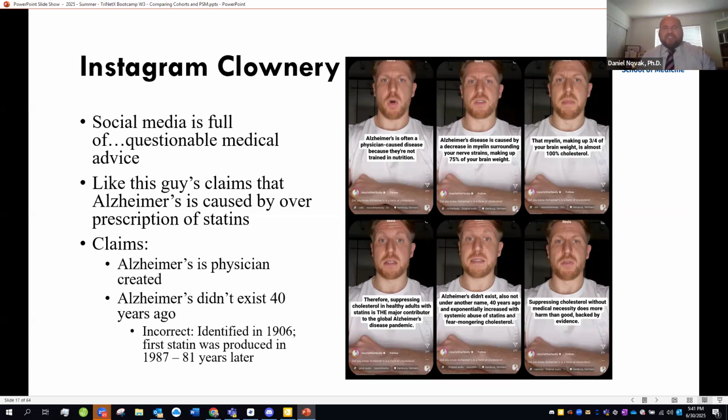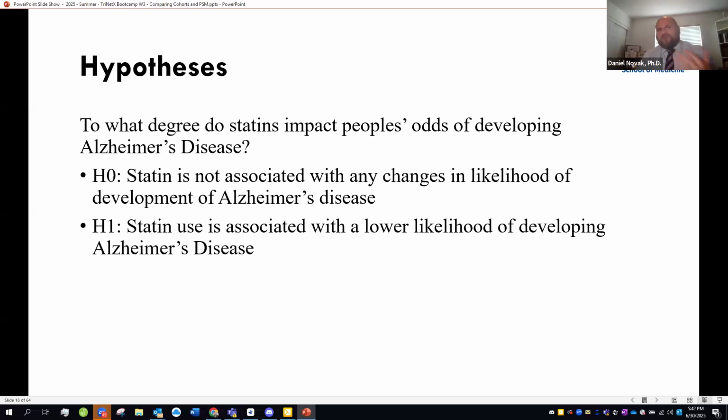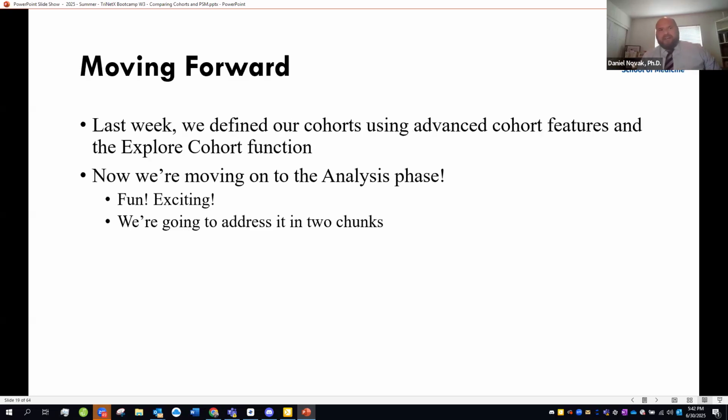None of that makes any sense, even with basic factual knowledge. But as I said earlier in lecture 1, it was worth investigating a little to see what this relationship might look like, and to see if there's a way we can shed some light, using this data set and this analysis platform. So you can see we've developed our hypotheses, and we're moving ahead with the analysis of them.